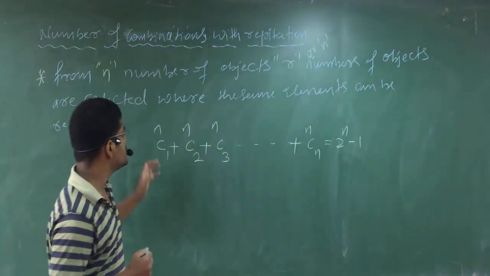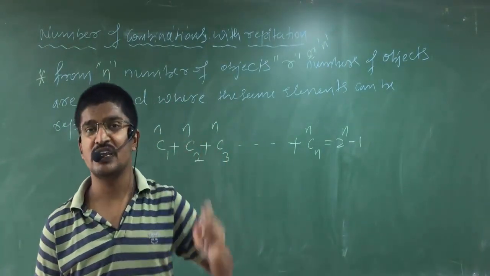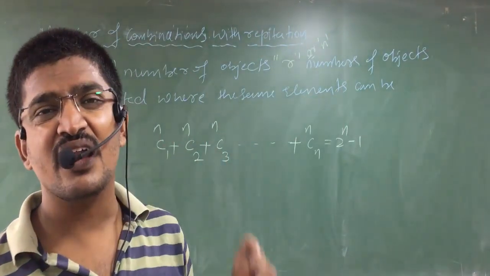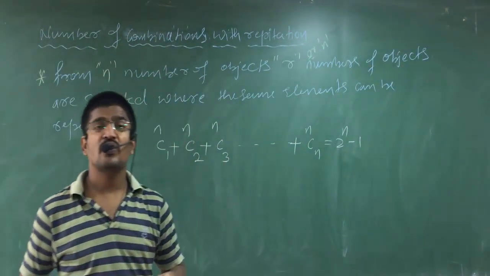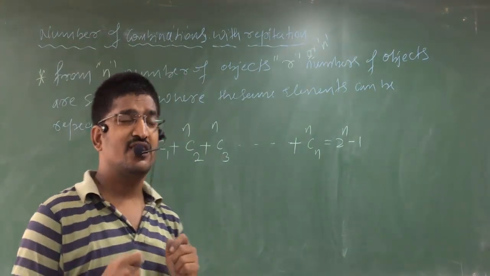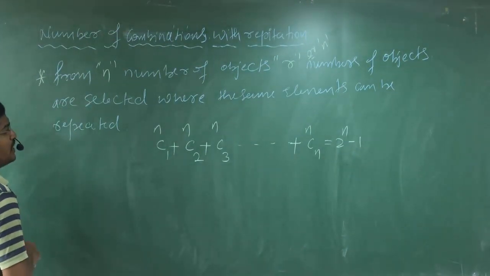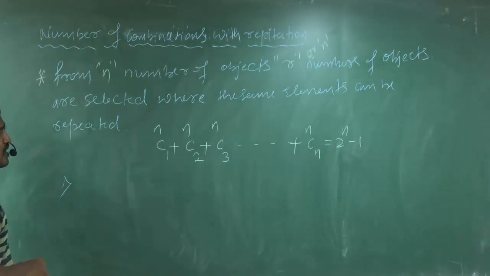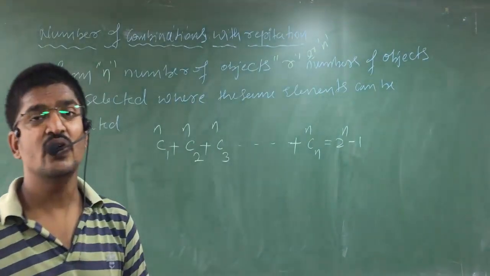For that, nc1 plus nc2 plus nc3 plus nc4 plus nc5 plus nc6 and so on to ncr plus so on to ncn will be equal to 2 to the power of n minus 1. Clear, students? So for that, let us take one example so that it will be very clear to you. Let us take one problem and try to simplify.